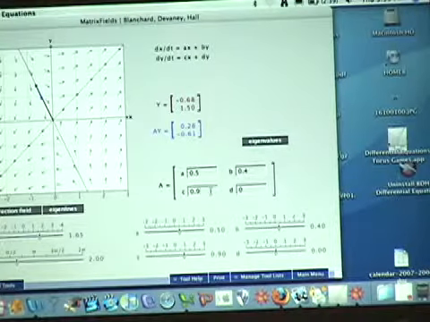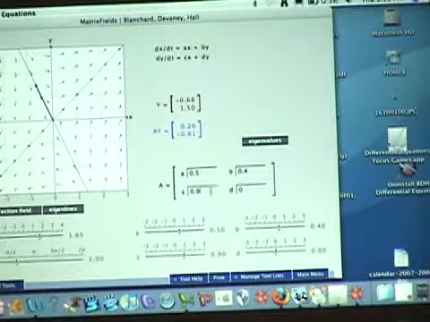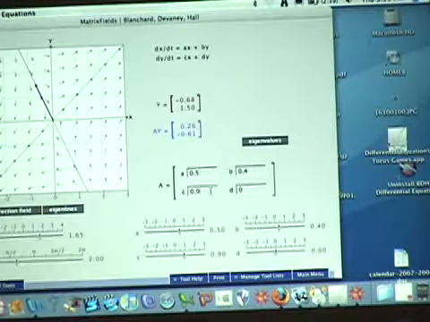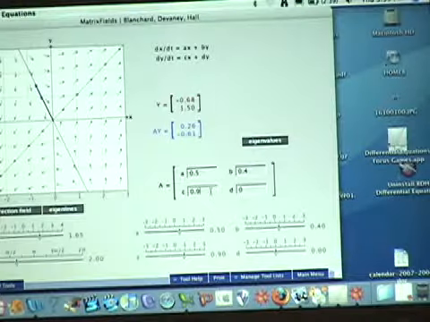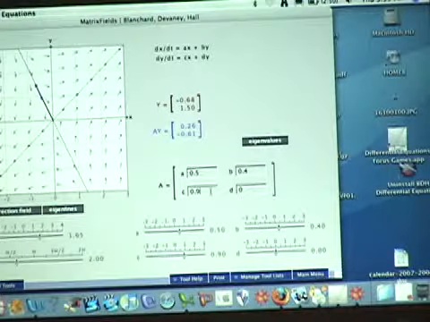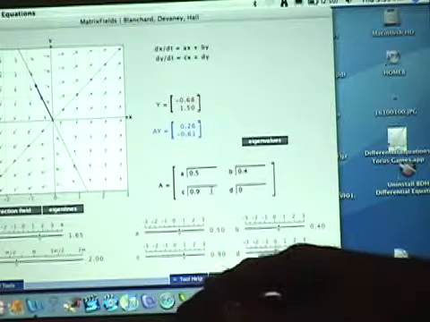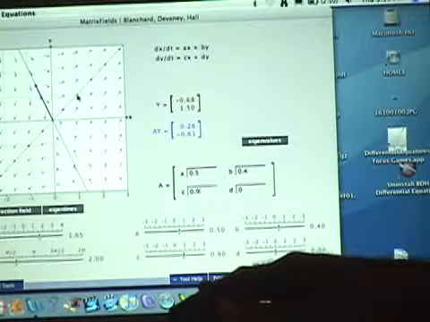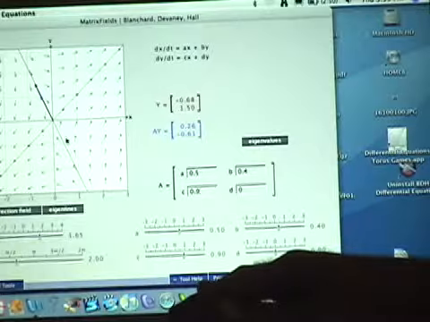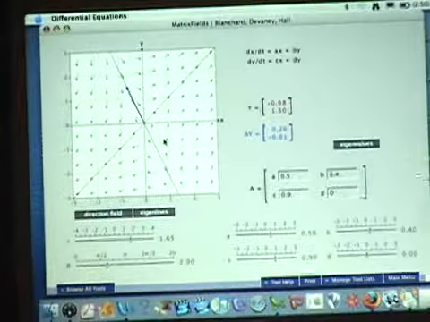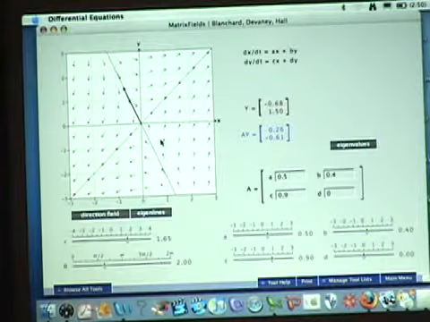In a sense, I scaled the matrix down by a factor of 1/10. Think about what's going to happen with the vector field. All the vectors in the vector field are going to get scaled down by a factor of 1/10. But they'll still point in the same directions. So the eigenvectors and the eigenlines that are generated, which you can see up here in the top left corner, are still going to be the same.